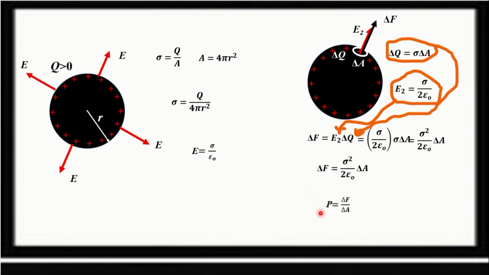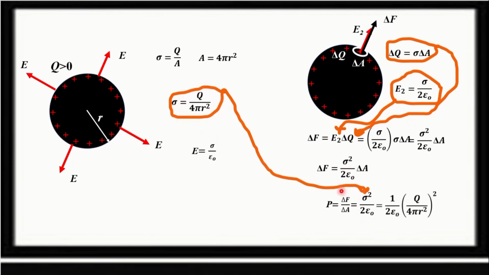We know that pressure is delta F over delta A, and from this equation we get immediately that pressure is equal to sigma squared over 2 epsilon naught. We plug in sigma from here and get the final answer in this form. So the pressure on the surface of the ball due to excess charges is given by this equation.